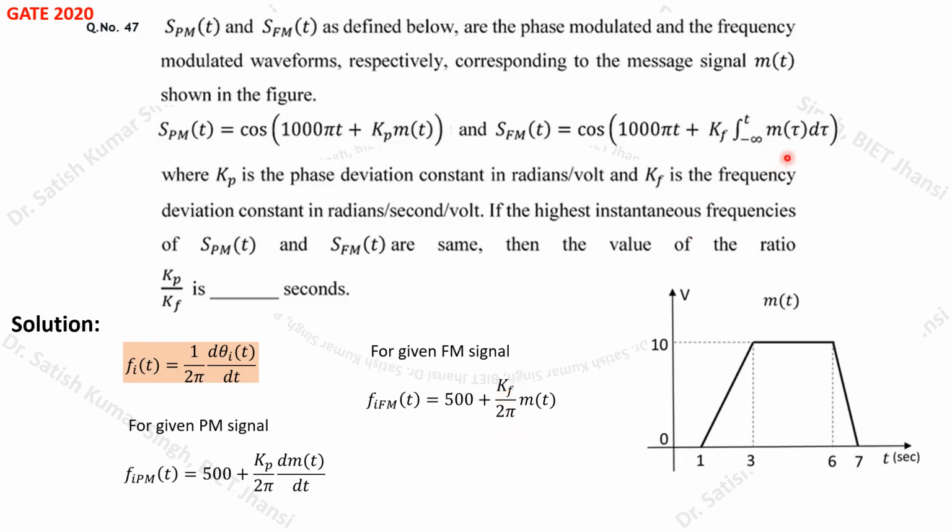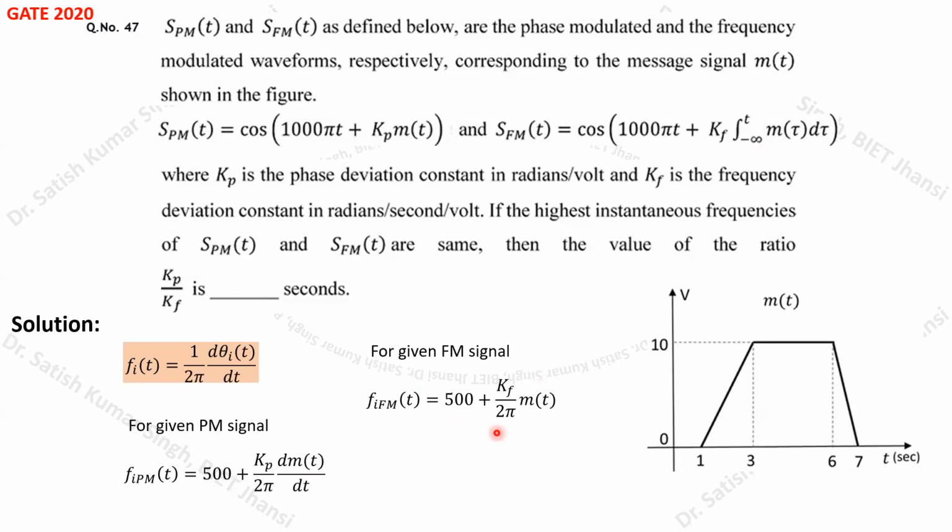Note that when you differentiate this expression, the integration and differentiation cancel each other, and we are left only with the message signal m(τ). Here τ is just a dummy variable, so we can write this as the message signal m(t) itself. So this is the expression for the instantaneous frequency of your FM modulated signal.